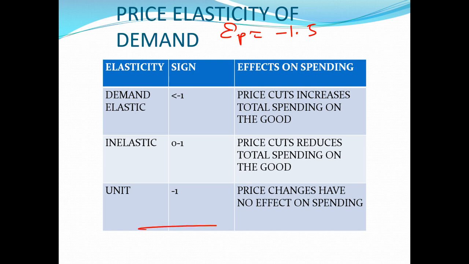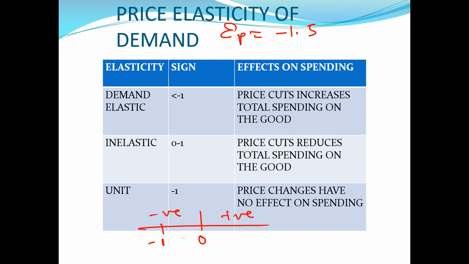So it's a case where we have 0, then this side we're in the negatives, this side we're in the positives, and if the value is lying between 0 and -1, then you're going to say that demand is inelastic. Okay, inelastic.